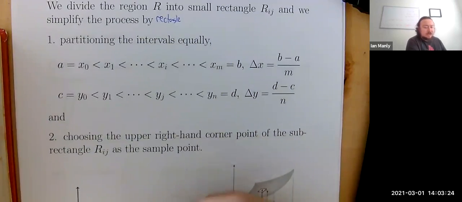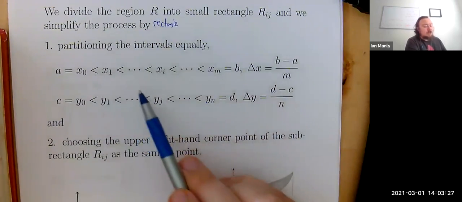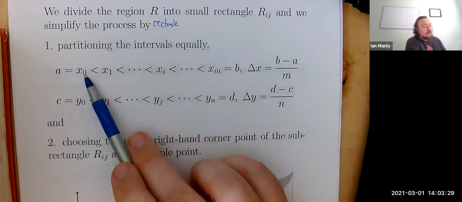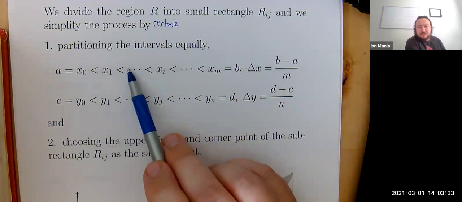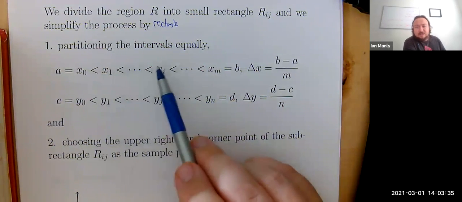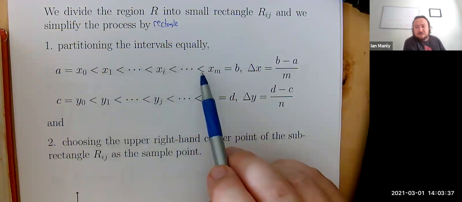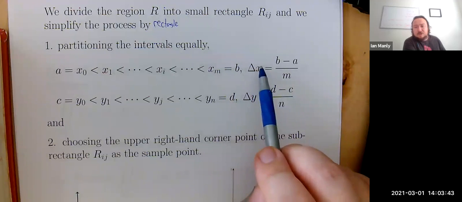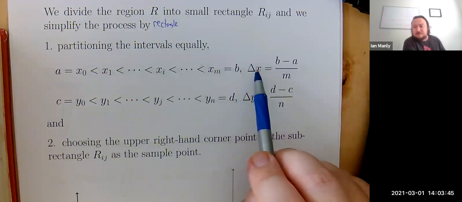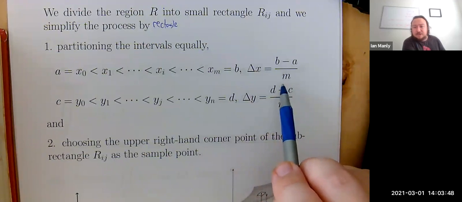Let's say we start at a and we want to cut it up into a bunch of pieces. Then the distance from here to here is the same as the distance from x1 to x2, and so on, all the way up until we get to the distance from x_(m-1) to x_m right here. We're going to call this uniform distance between all of the x's (b minus a) over m, which is delta x.